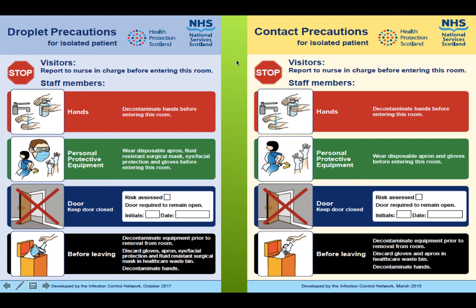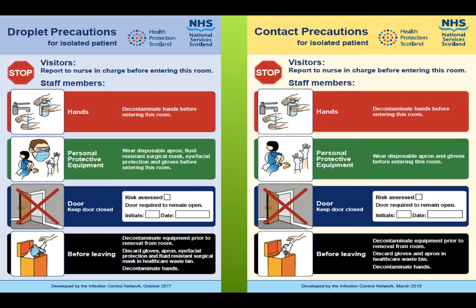Okay, so for our other side, the right-hand side of the screen, in our yellow flyer, this is contact precautions. This is for individuals where it could be direct skin-to-skin contact or indirect contact with contaminated equipment.